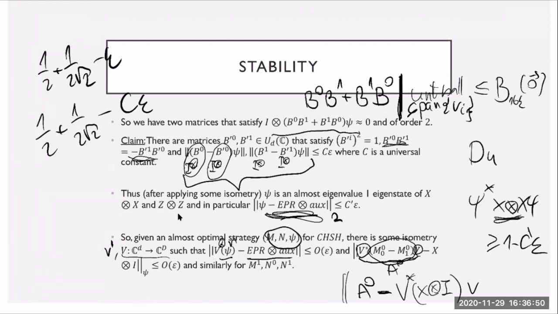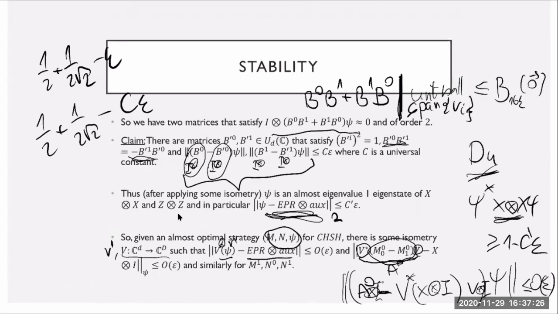And my claim is that the norm of this thing acting on psi is very close. Okay, so here I need another tensor with I. So this is tensored with I. This is tensored with I. I'm sorry, there are many tensors with I. This is smaller or equal to some function of epsilon. And again, this function is linear in epsilon, and the constant in this linear function just depends on the group D4. So it's a universal constant.